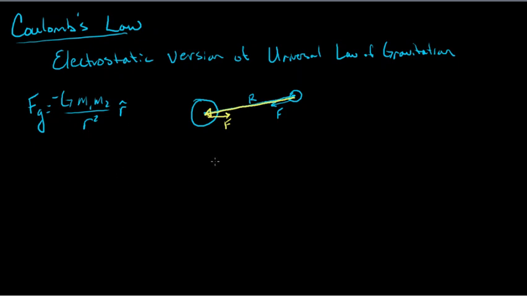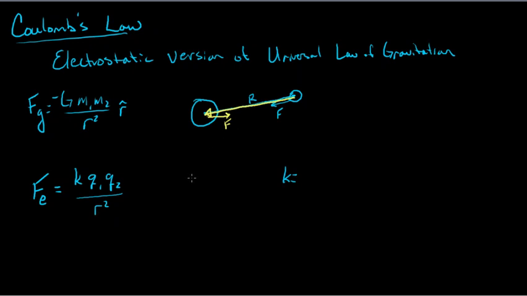Well, we have a similar sort of thing with Coulomb's law, except this time it's the electrical force, not the gravitational force. The electrical force is given by K, a constant K, just like there's a constant G for gravity, times the charge of one thing, times the charge on another thing, divided by the square of the distance between them.